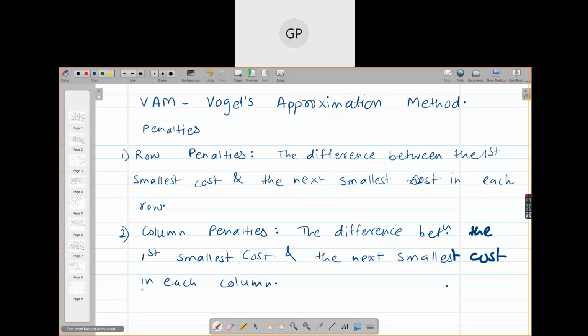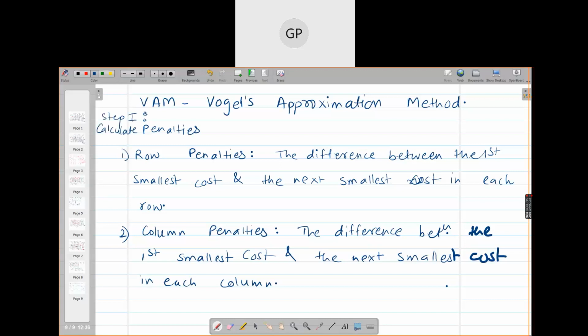Have you understood this? This is step 1: calculate penalties.